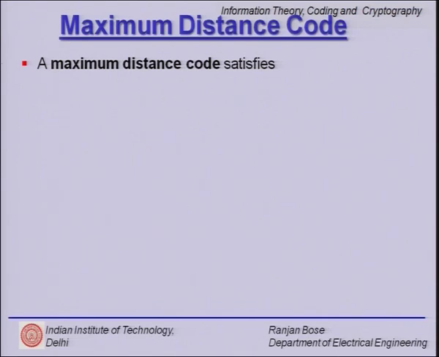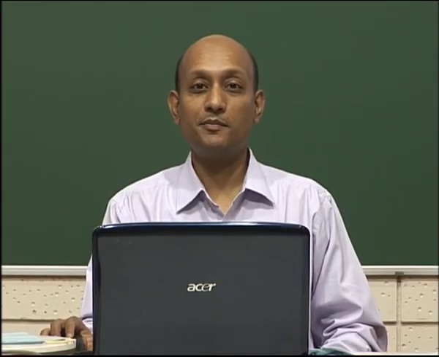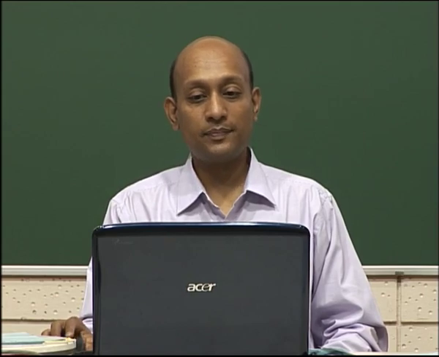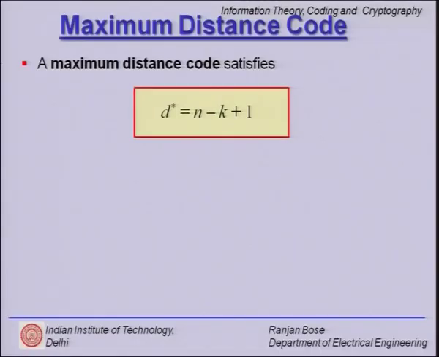So, let us talk about a maximum distance code in terms of the minimum distance, because minimum distance is a good property to have. We would like the code words to have as large minimum distances as possible. So, we look at the condition where D star is actually equal to n minus k plus 1, and all those codes that satisfy this condition, they are called maximum distance codes, right.